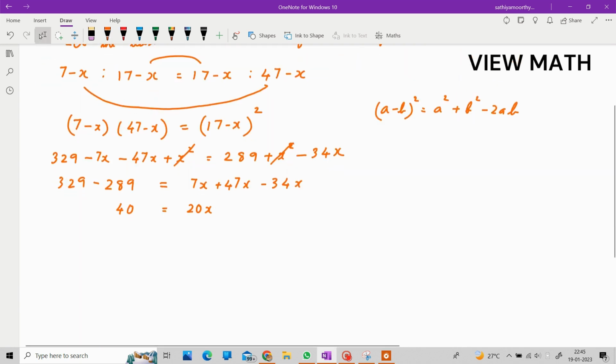Now 40 by 20 is equal to x. 20 times 2 is 40, therefore x is equal to 2. So we have found the least number which is subtracted: x is equal to 2.